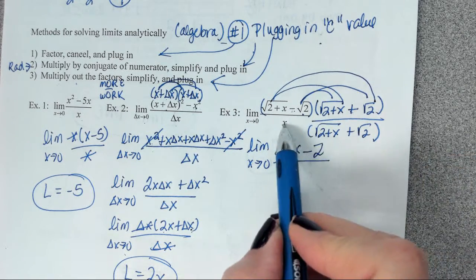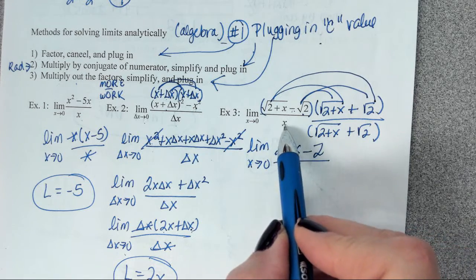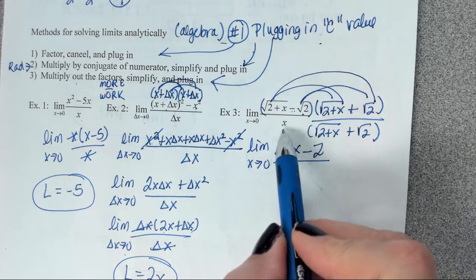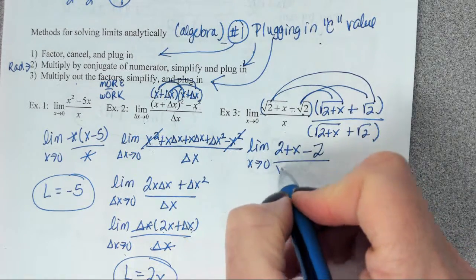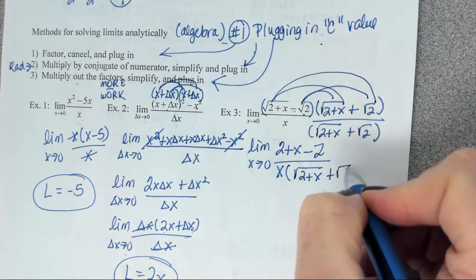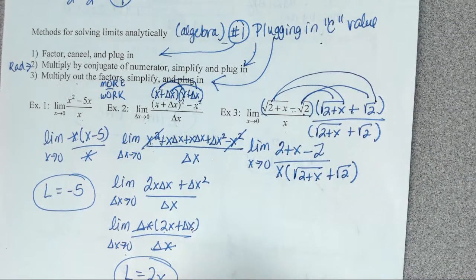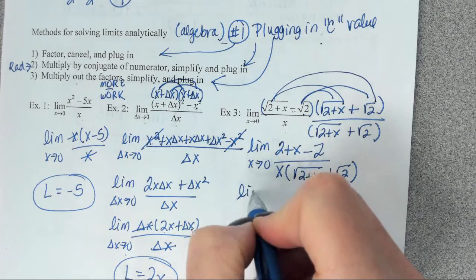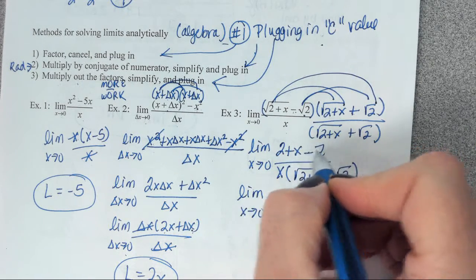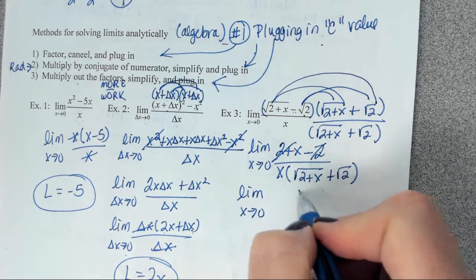On the bottom, you will never multiply this out unless it's conjugates. If it's conjugates, you want to multiply it. But if they're not conjugates, you want to leave it factored. Otherwise, it's going to make the problem more difficult. Just leave it factored. So on the top, we have 2 minus 2. That's 0. So now we have this.